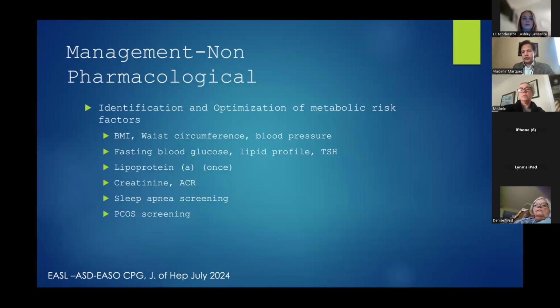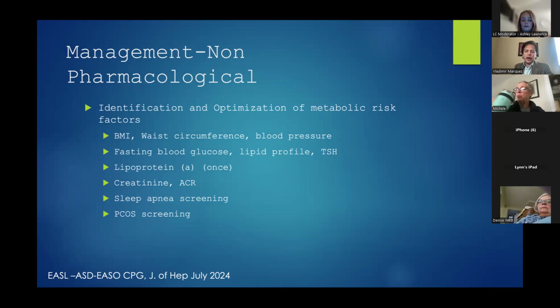How do we manage steatotic liver disease? We try to identify the risk factors and try to optimize them. The first thing is to try to complete some investigations or gather more information about several parameters of the patient's physiognomy, their potential presence of metabolic risk factors, and consider a screening for sleep apnea as well in patients that have risk factors.